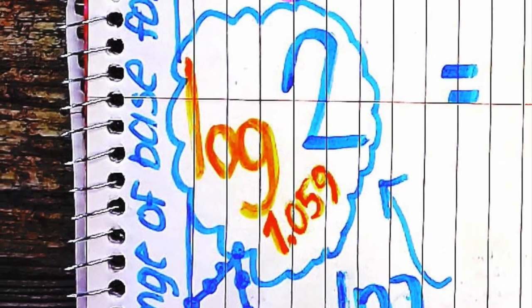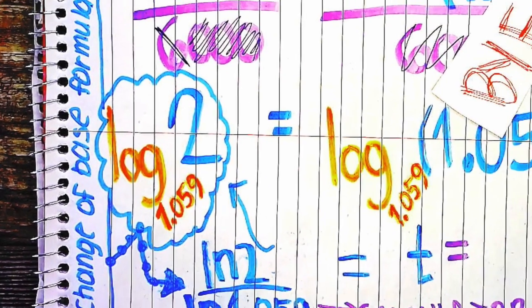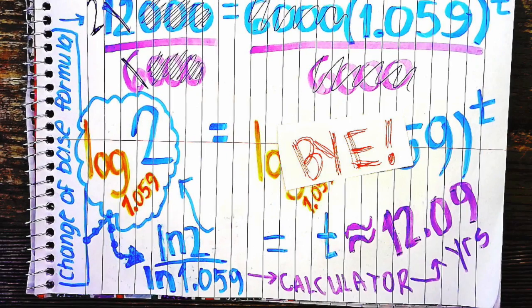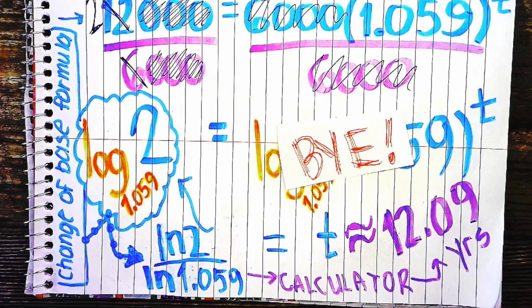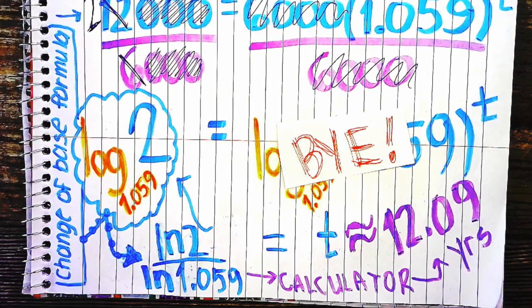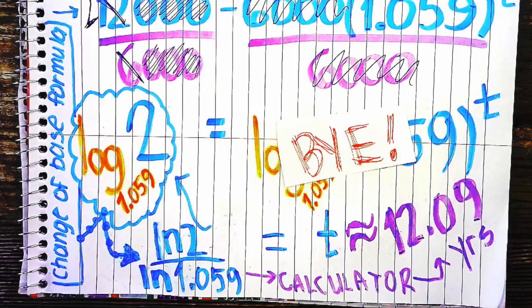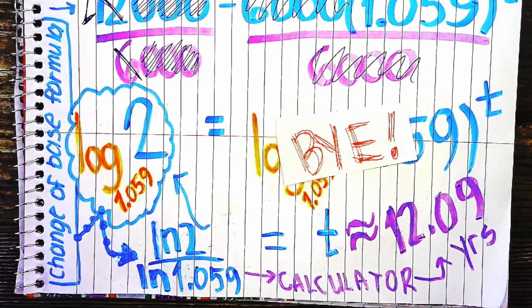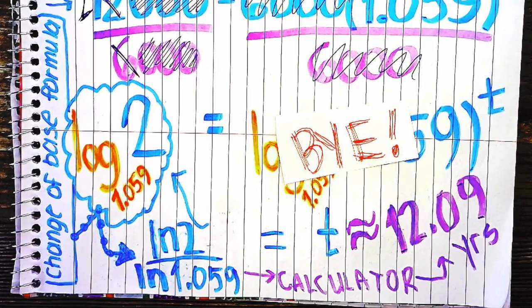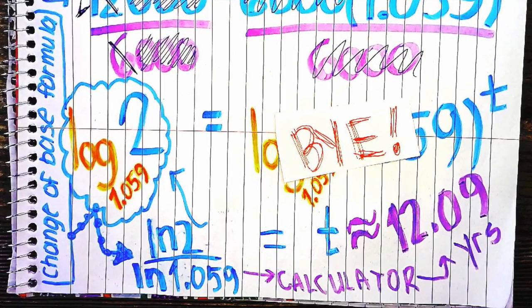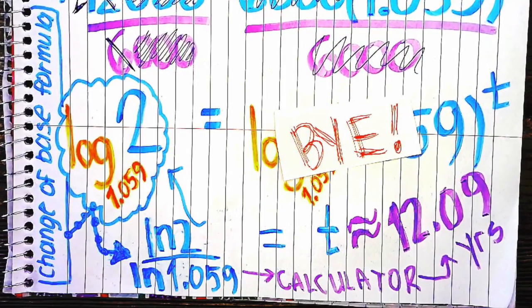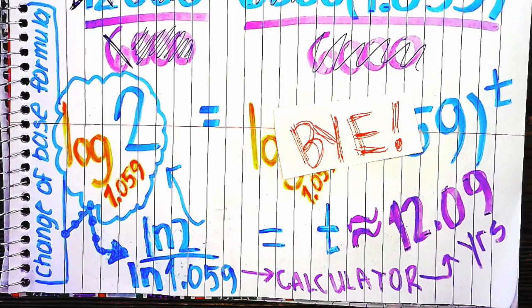When we put this in the calculator, we get that it will take approximately 12.09 years. Fun fact, in this account, it will take 12.09 years for any amount of money to double. If you invest $1, it will take 12.09 years for that $1 to double into $2.